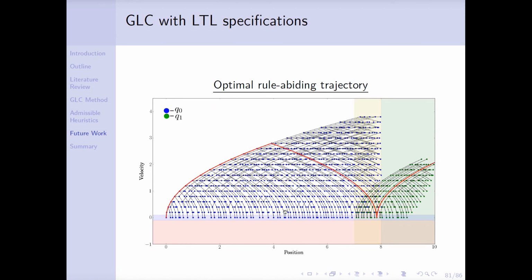Then we can basically just cut and paste this LTL monitor into the motion planning algorithm where we normally had the collision checking functionality. And now the algorithm will generate the optimal rule-abiding trajectory.